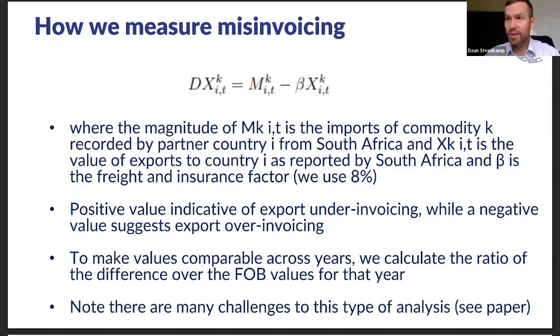But we've restricted our assessment to commodities where at least 75% of trade value is available. And so we focus on commodities like chrome, coal, copper, iron, manganese, and platinum, which together cover a very large percentage of South African exports.